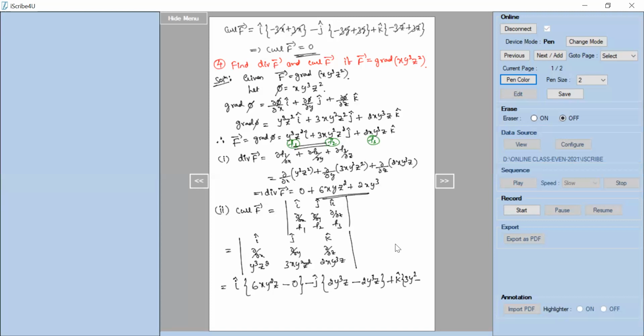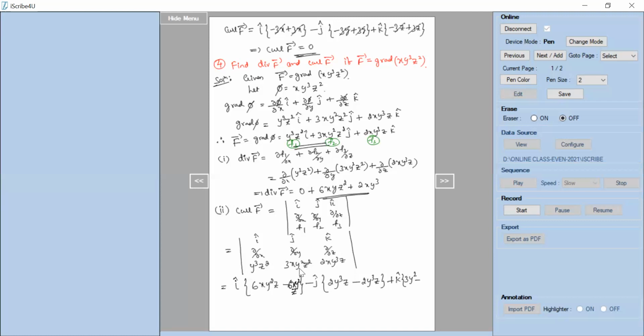Sorry guys, I just erased it. This term was, again, 6xy square z, because I made a mistake here while writing the problem. So it becomes this j, anyway I'm leaving k.